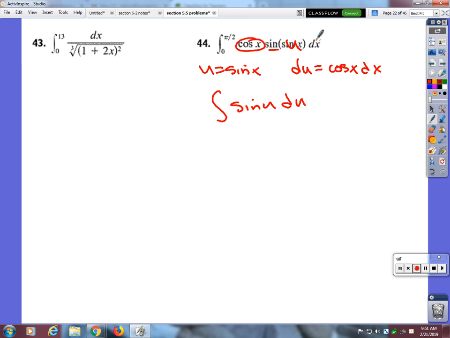So this part becomes du. When you do the antiderivative, the du just goes away, but you still need it in there. Yeah, so sine of 0 is 0. Sine of pi over 2 is root 2 over 2.